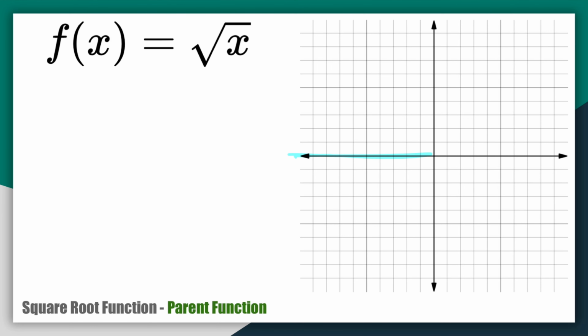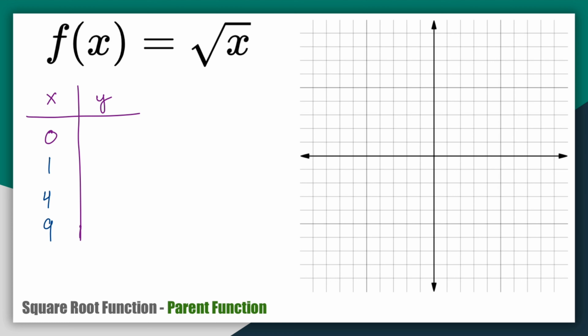So we're going to use a table, and I'm just going to use the numbers 0, 1, 2, and 3. Actually, you know what? Let's not use those numbers. Let's do 0, 1, 4, and we'll throw in a 9.